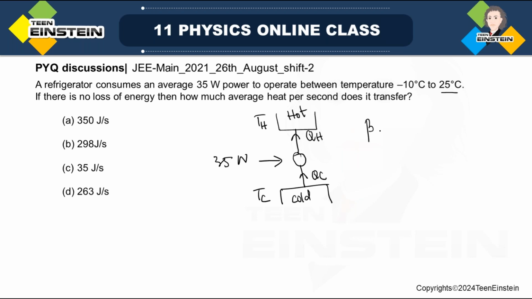So for this, you have to find out the beta, that is the coefficient of performance, COP. This is not the efficiency, this is actually the coefficient of performance, beta.